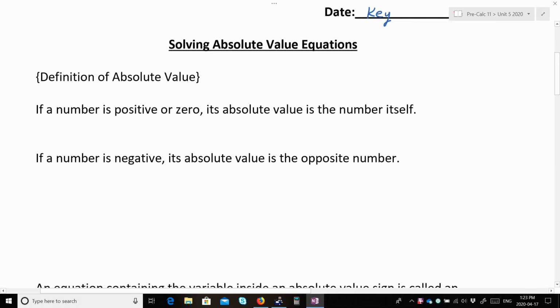And we'll start off with the definition of absolute value. It says if a number is positive or zero, its absolute value is the number itself. So, for example, if you have a positive number and you do the absolute value of 3, it's just the number itself, and the absolute value of 0 is 0.